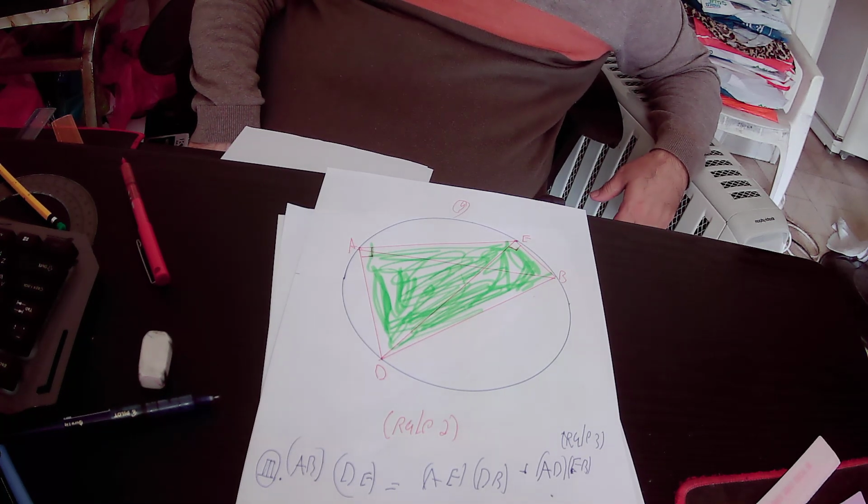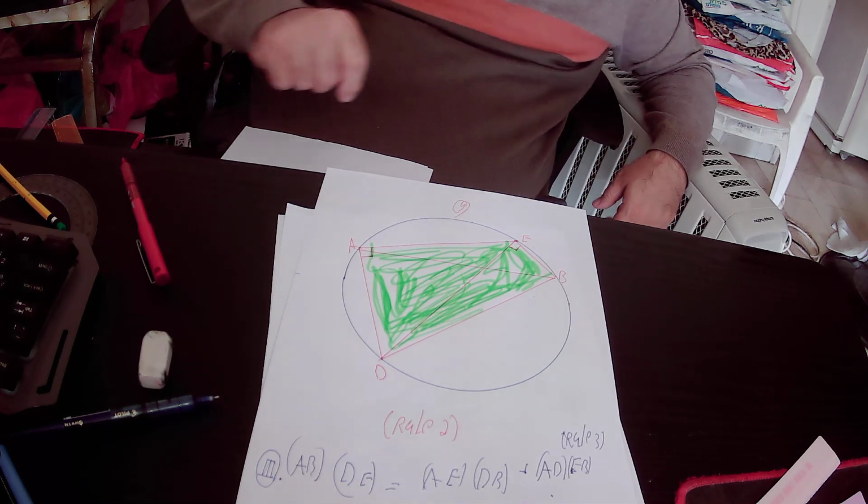And first of all, we can use rule number 3 here because we have a quadrilateral that is described by a circle.